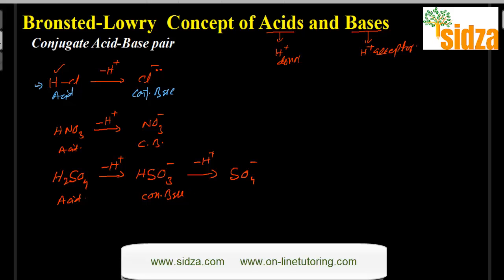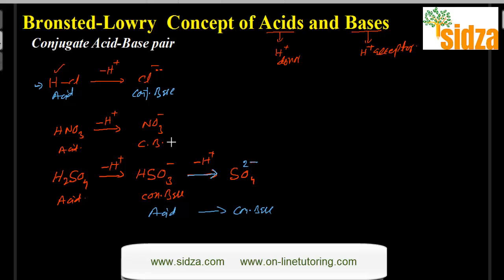In this particular example, when HSO4 negative releases one more proton, it behaves like an acid, and SO4 2 negative is now its conjugate base.